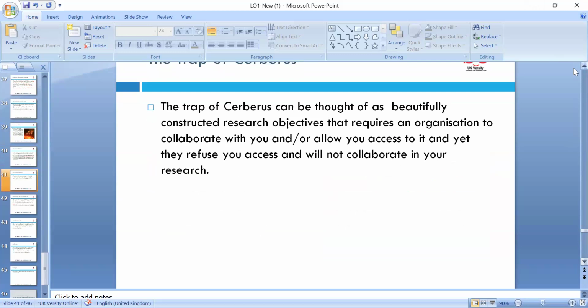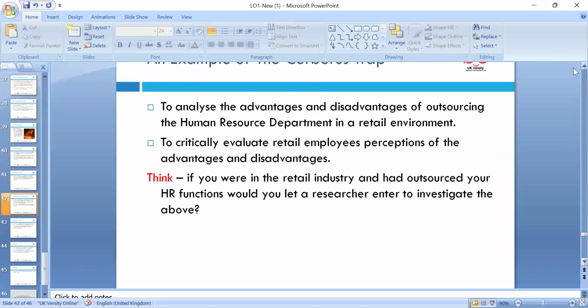So these are just a few examples and some terminology: to analyze the advantages and disadvantages of outsourcing the human resource department or the appraisal system, where they will do the appraisal in our organization in a retail environment. So critically evaluate retail employees' perception of the advantages and disadvantages.